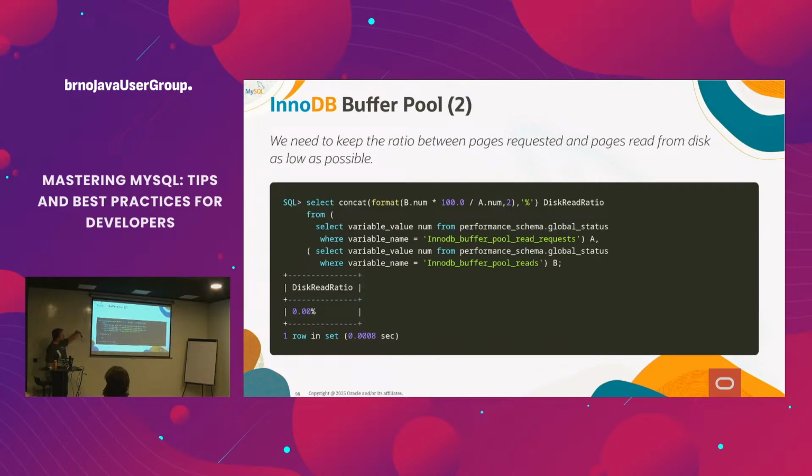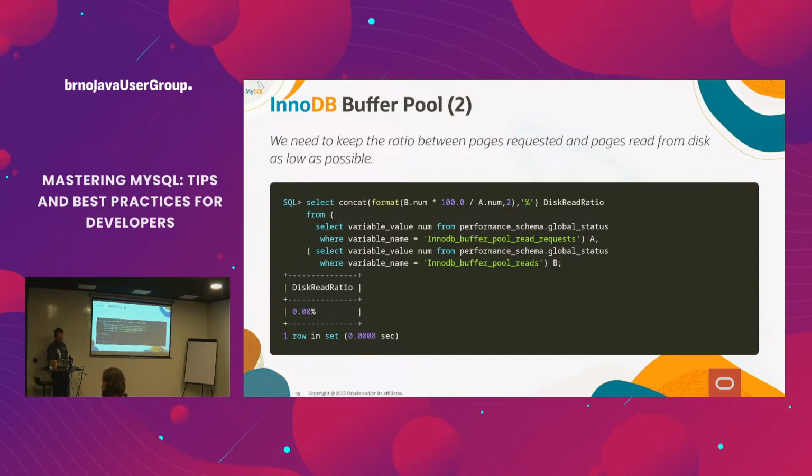You can run a query like this to get the disk ratio: how many times do I need to read from disk? Here, my buffer pool is perfectly sized for the data I have, but I told you this was fake data, very small. I've seen cases where the disk ratio goes very high, and then you have an issue.